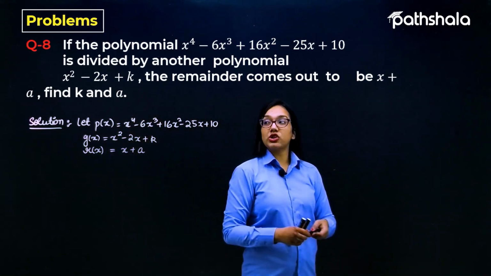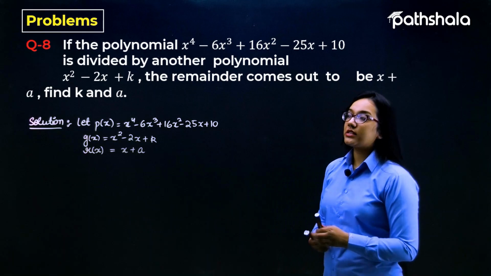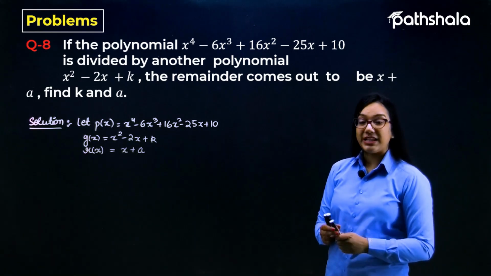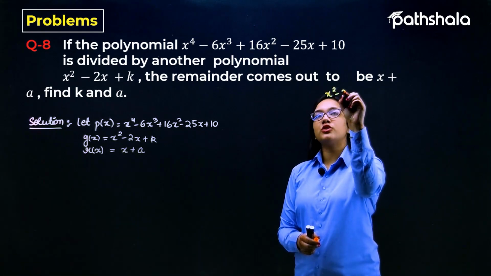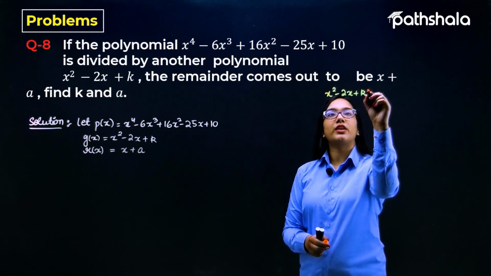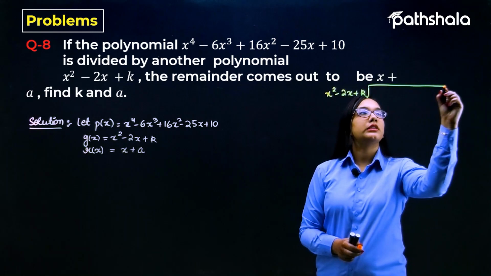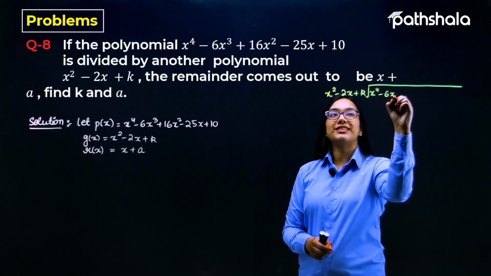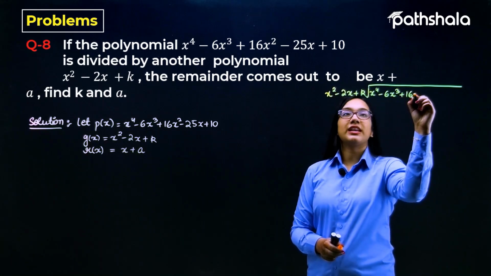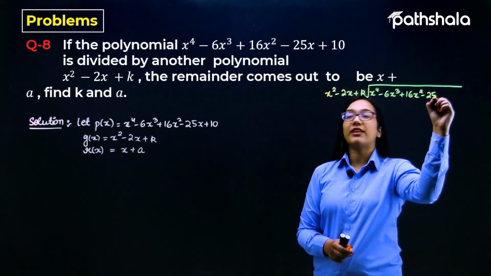So as per the question, we can write it into the formation of x square minus 2x plus k, and the dividend would be of the type x raised to the power 4 minus 6x cube plus 16x square minus 25x plus 10.